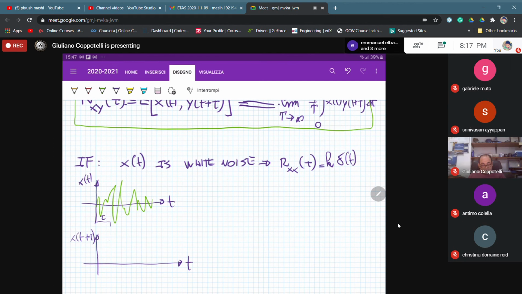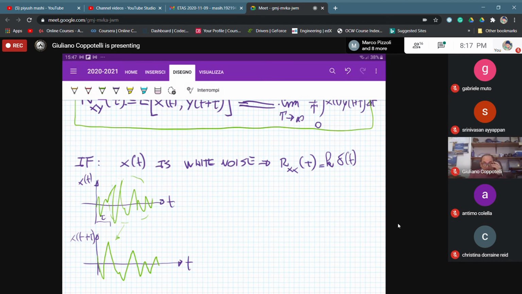So what we got is that this part has been shifted from the original position in time to a time plus tau. When you are correlating these two, what you have to do is time shift, then sum everything and take the average.